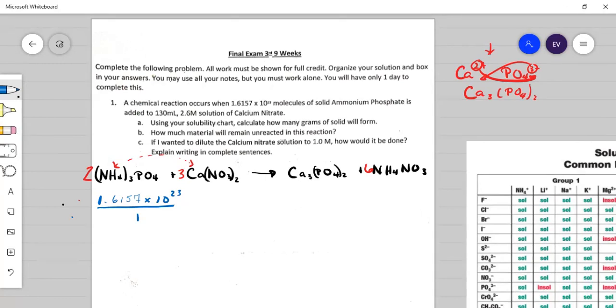This is molecules. See, I almost did the cardinal sin of not writing units of ammonium nitrate, so I'm going to just abbreviate NH4.